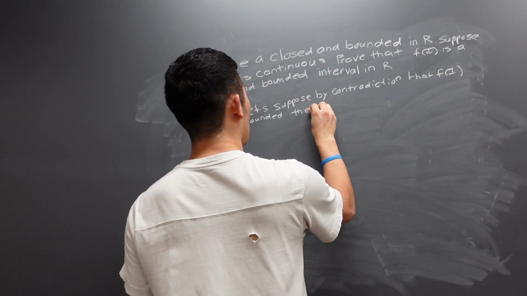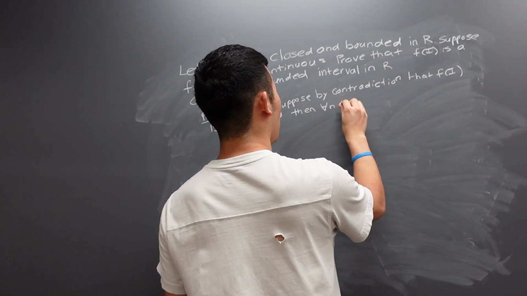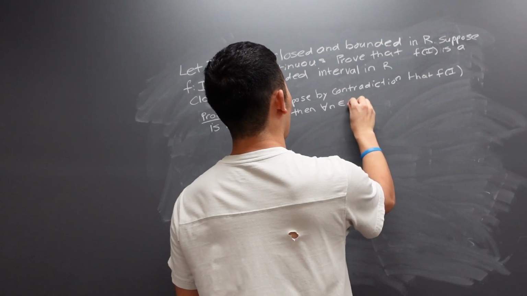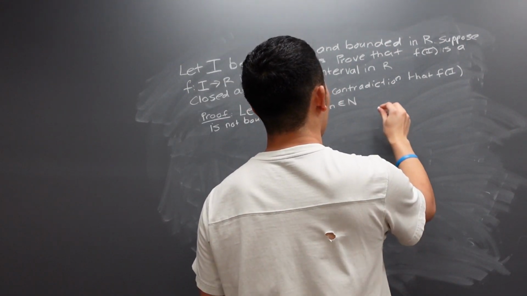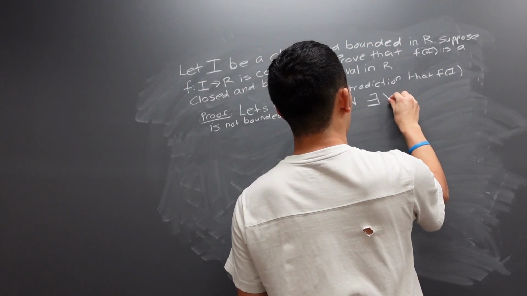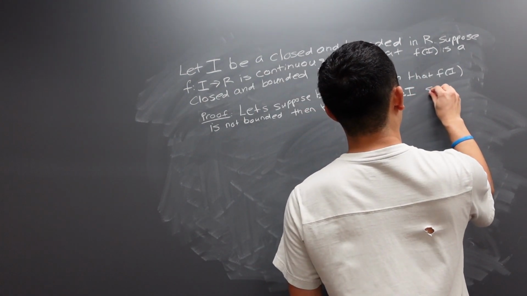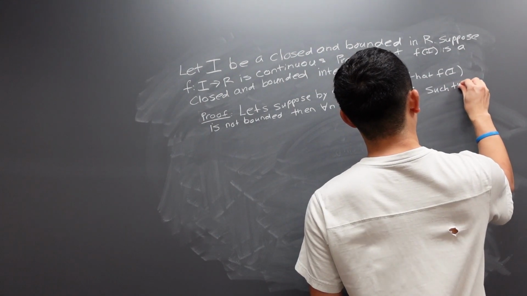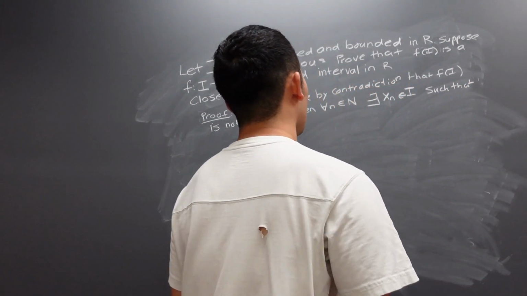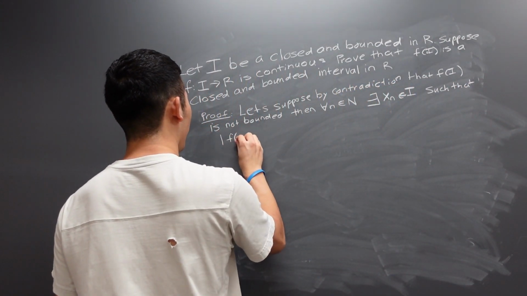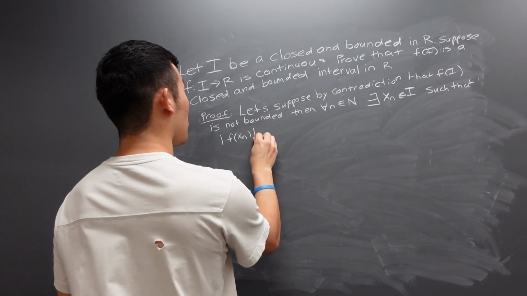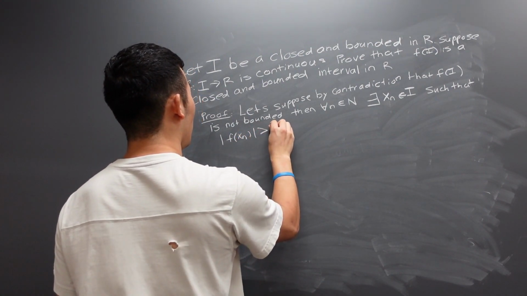Then, for all n inside the natural numbers, there exists a point x of n in I such that the absolute value of f of xn is greater than n.